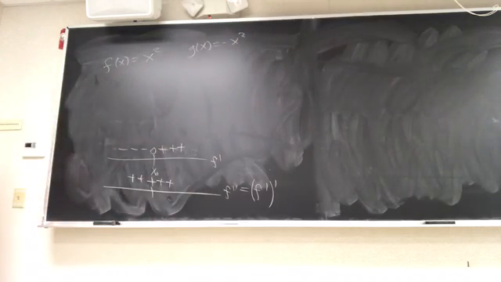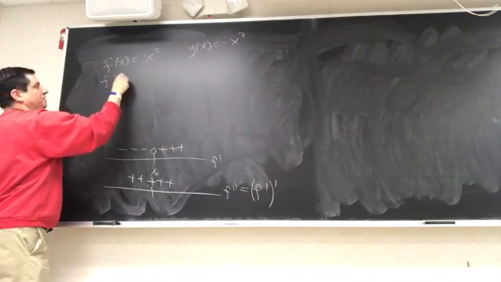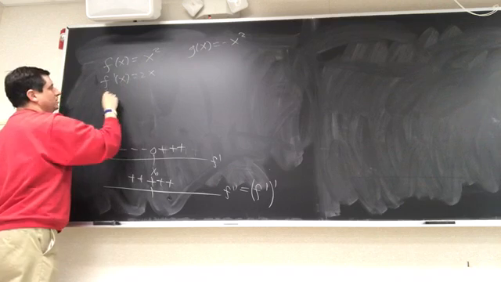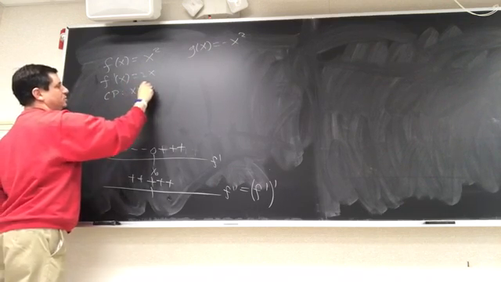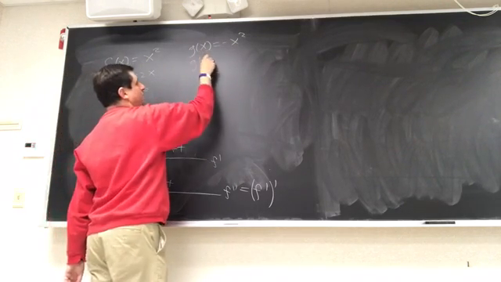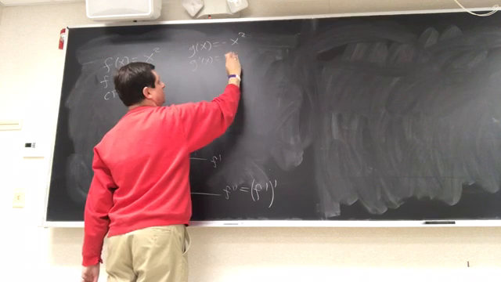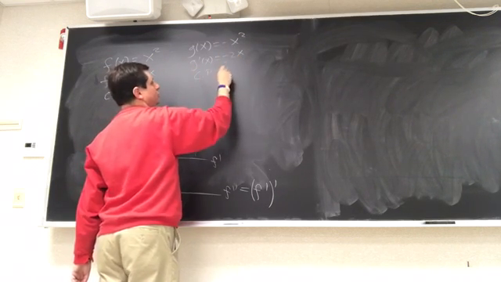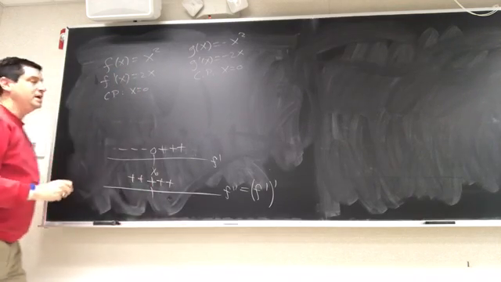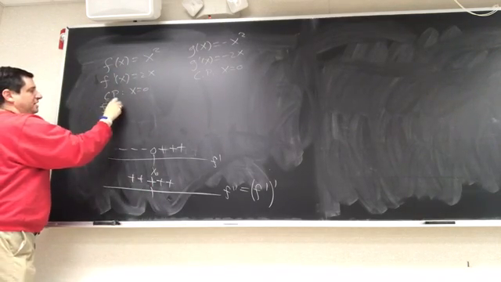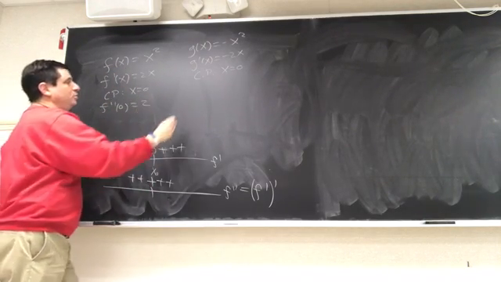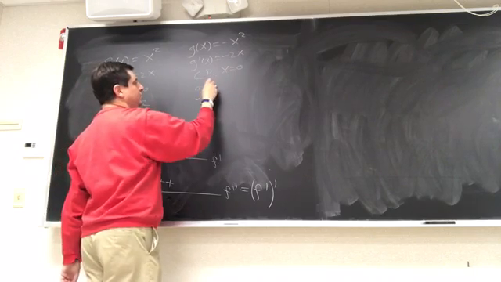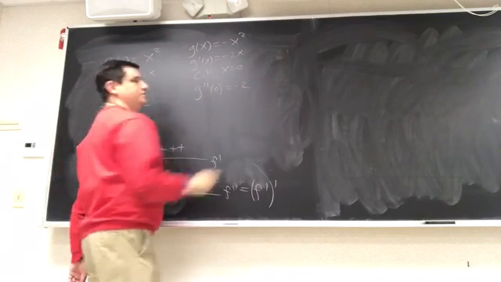Take simple examples. f prime of x is 2x, so the critical point is x equals 0. g prime of x is negative 2x, so the critical point is also x equals 0. The second derivative at 0 here is just 2. The second derivative at 0 here is just negative 2.